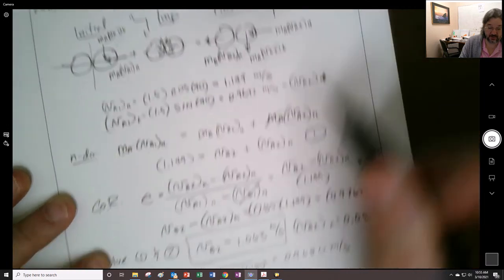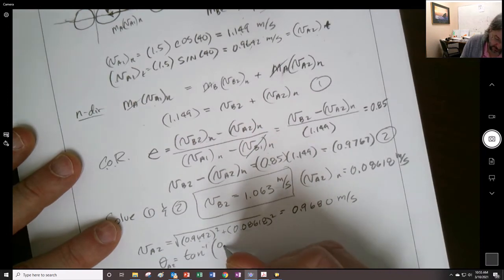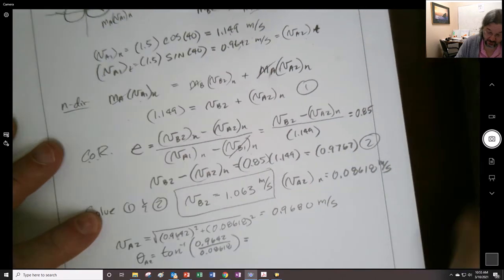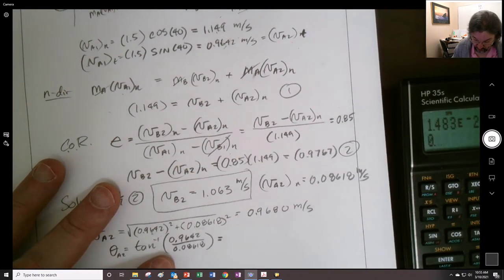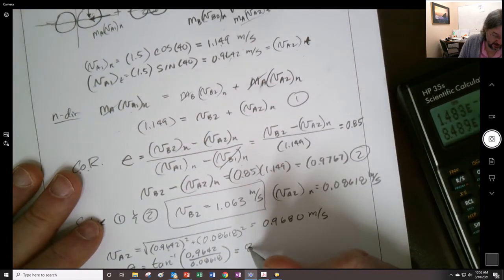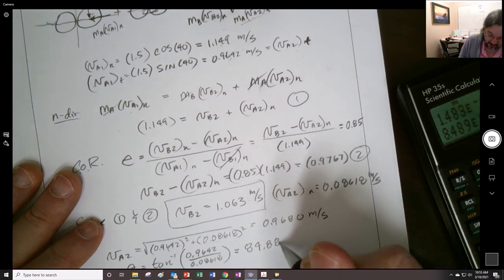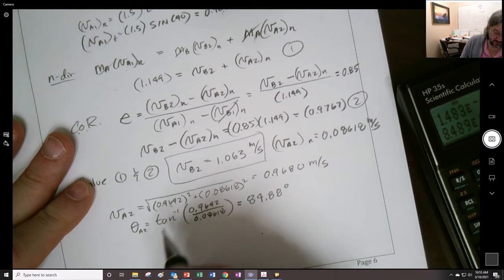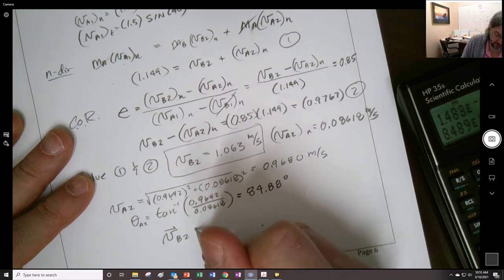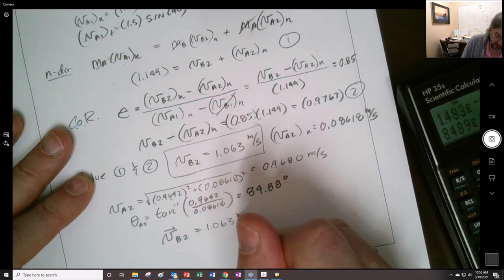This is still coming down this way, so the quadrant will be the lower left-hand quadrant. 0.9642 divided by 0.08618, and you take the inverse tangent of the thing, and we get 84.88 degrees right there.